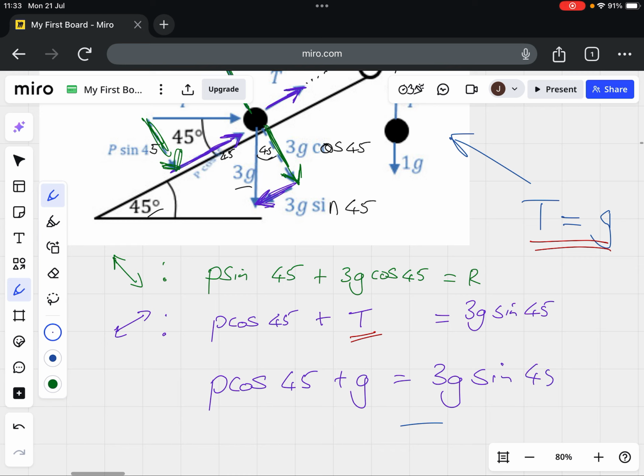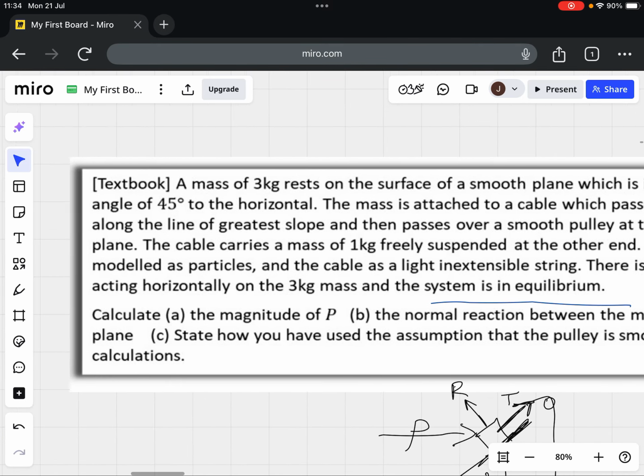So can you see from there, I should be able to get P. If you just take away G from both sides, divide by cos 45, and the value that you're looking for on that one is 16. It rounds to 16 to two significant figures. Okay, so 16 for that one.